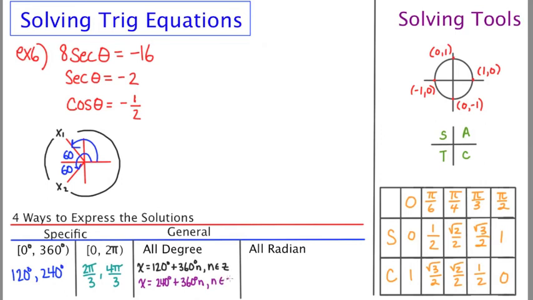N is an element of the integers. Now, if we wanted the radians, we would just quickly convert this. So I'm going to go fast through this. This is going to be x equals 4 pi over 3 plus 2 pi n. N is an element of the integers. And then this guy is going to be x equals 2 pi over 3 plus 2 pi n. N is an element of the integers.